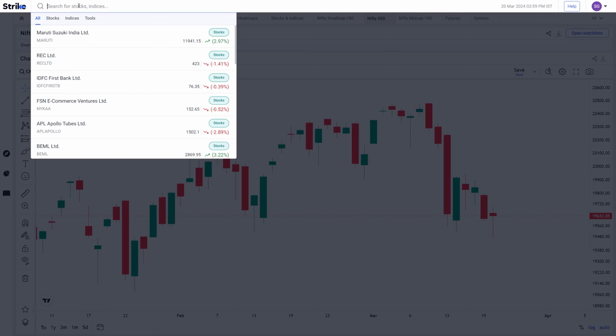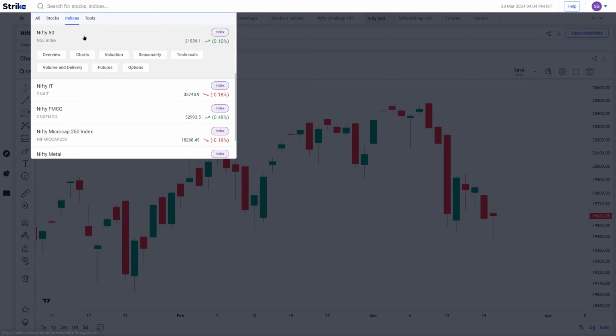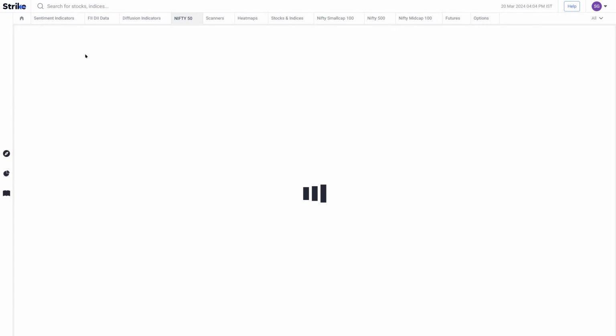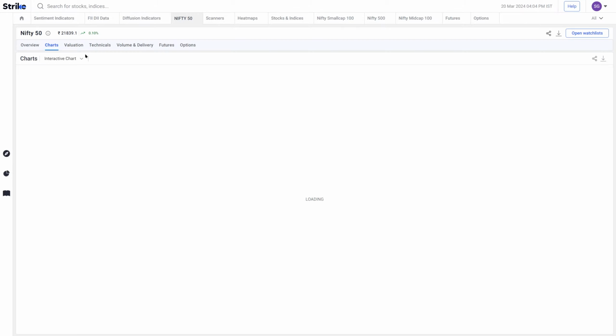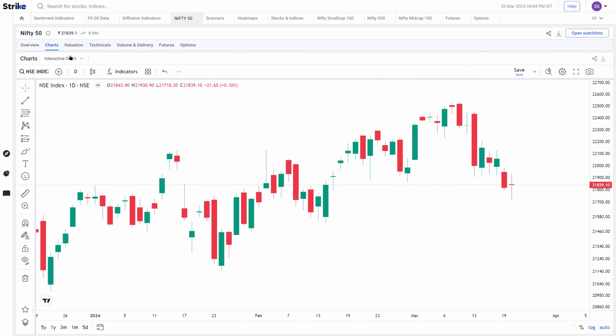So let's look at Nifty. Nifty made the highest high on 7th of March. So now we have the important dates in our hand.